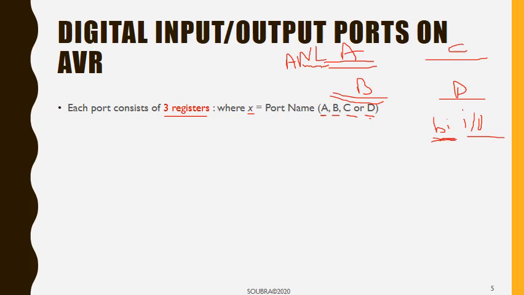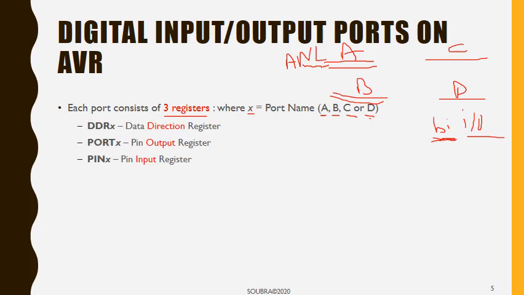So this is definitely one needed register, and this register is called the DDR register. DR feels like direction, so data direction register. And the X here could be anything, A, B, C, or D. So it could be DDRA for the port A, DDRB for port B, etc.